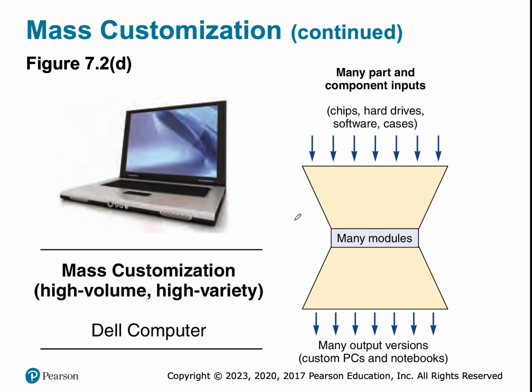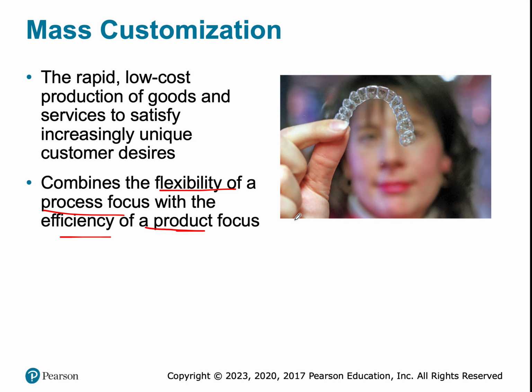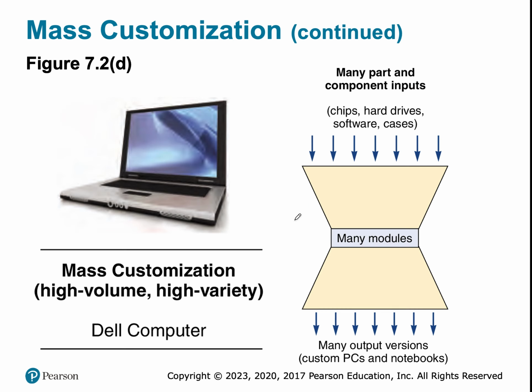Now let's move on. A good example of this is Apple computers, your MacBook, your Mac computer, your Dell computers. These are mass produced. So both efficiency and flexibility were combined in achieving this product.